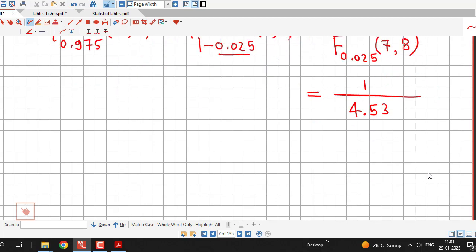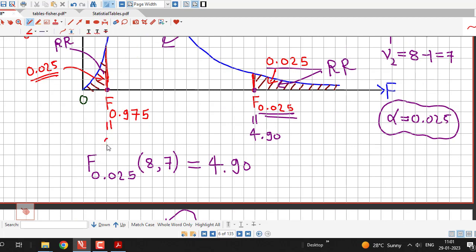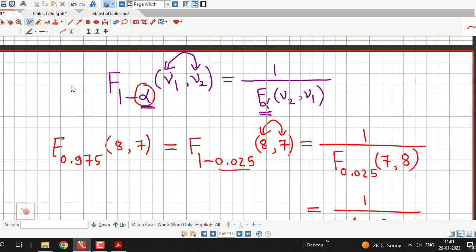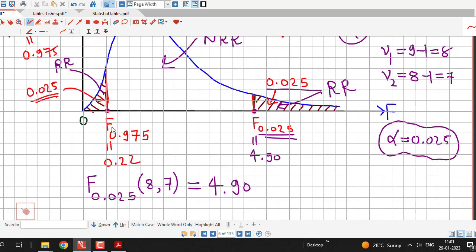Now let me take this division using a scientific calculator. This I find as 0.22. So this critical point is 0.22, and be careful, we have to use this result F 1 minus alpha, nu1, nu2. Here alpha is 0.025. We have interchanged these two, and using the F table this value is 4.53, and 1 divided by 4.53 is 0.22.